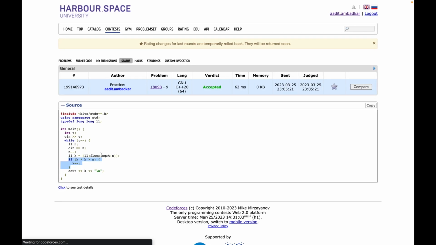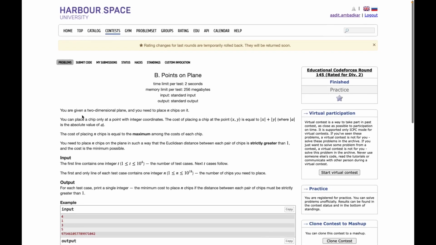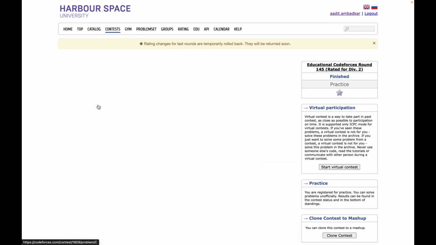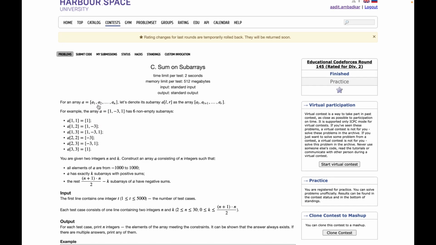So let's go back to our last problem, which is problem C. This problem has a much more interesting solution. For an array A, let's denote its subarray A[L, R] as the subarray, and then we just skip over that.